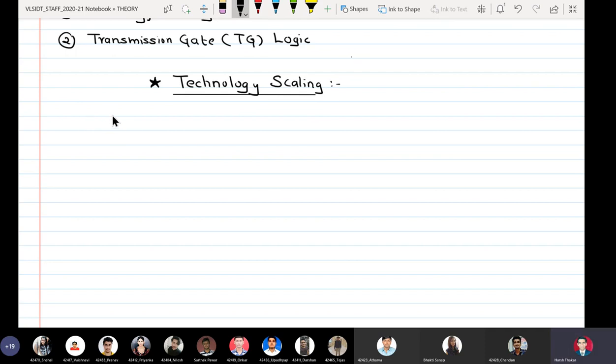So let us understand the meaning of this word technology scaling. In the field of IC design, which basically deals with designing the logic which has to be put inside the integrated circuits, these circuits are designed on paper and their functionality is simulated using various backend tools.